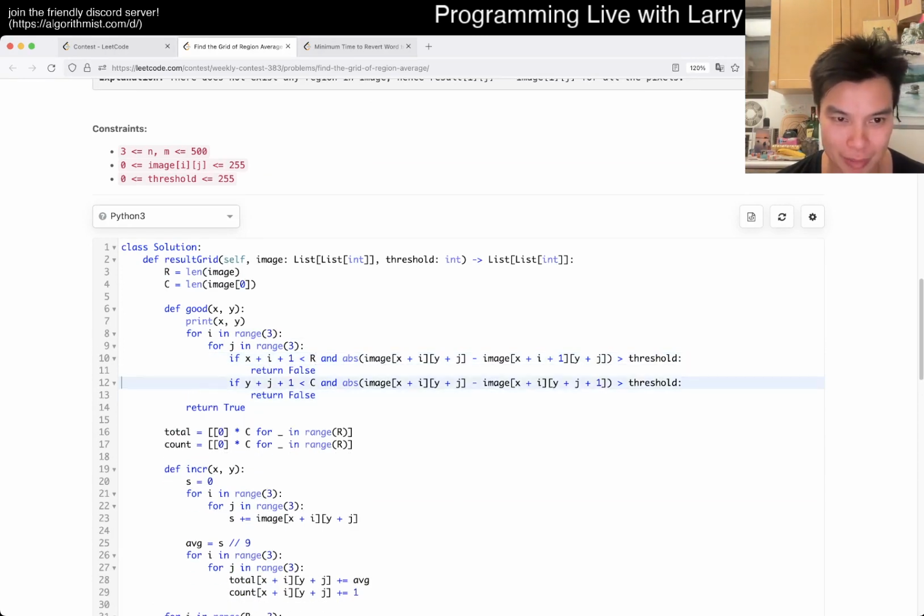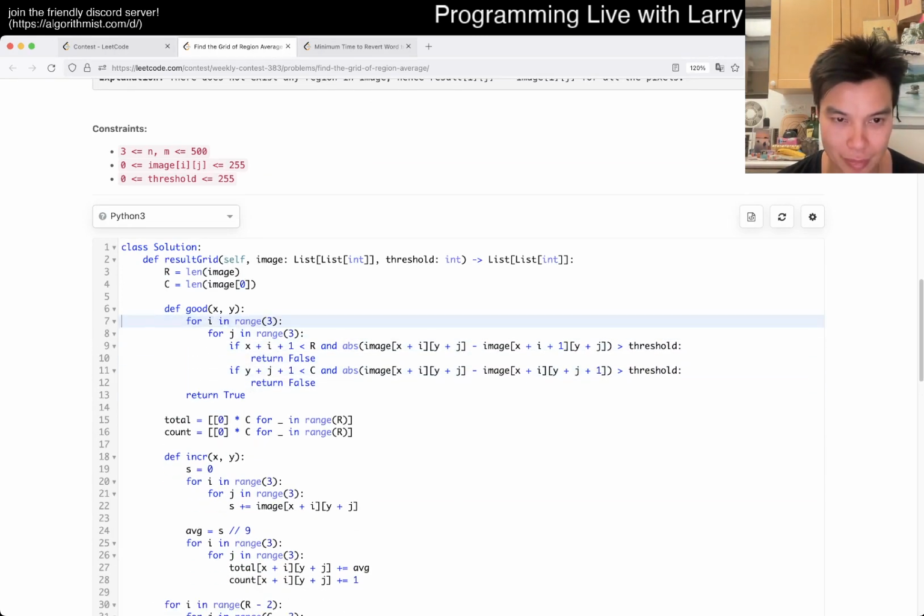I am rushing it. Basically, we want the corner, right?